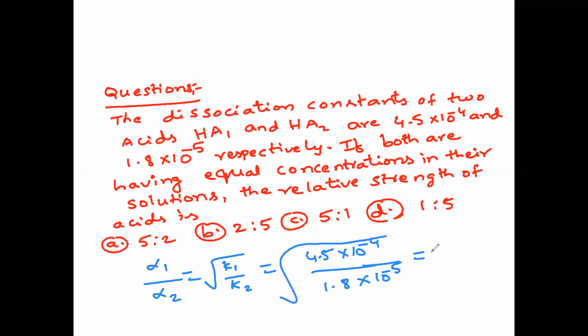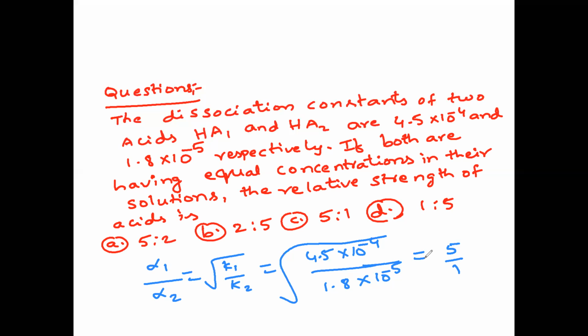On calculation, 10 to the power of minus 5 goes to the numerator, giving 10 to the power of minus 9. 4.5 into 10 to the power of minus 4 can be taken as 45 into 10 to the power of minus 5, and 1.8 into 10 to the power of minus 5 as 18 into 10 to the power of minus 6. After calculation you'll get 5 by 1.